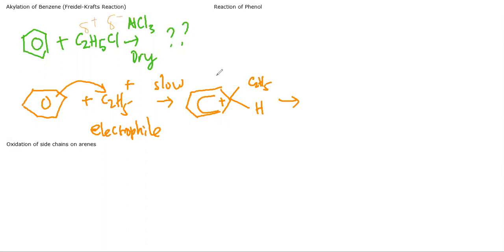So the electron in hydrogen is delocalized to the benzene ring. Then you'll have this final product of C2H5. So now you have an alkyl, and it's benzene.